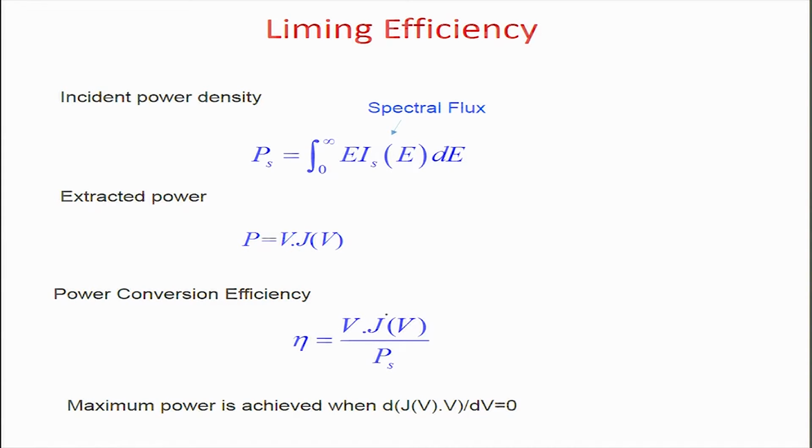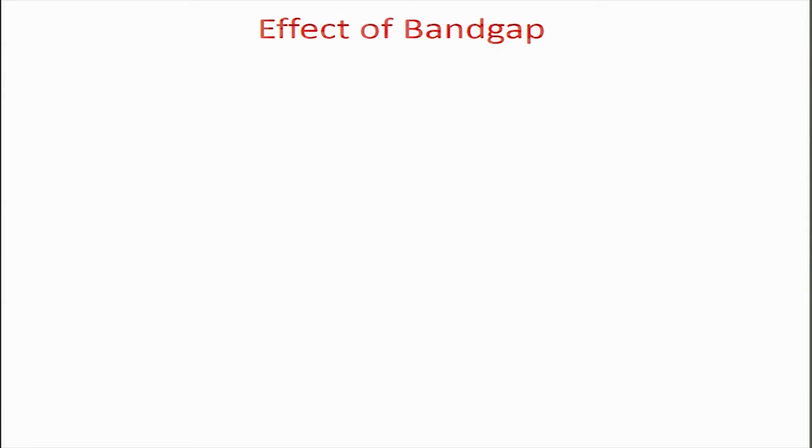So, you need to take J and I into account carefully. J is current density, I is current, and these two are loosely used in the literature, but as a person who analyzes the efficiencies, he or she must consider the areas carefully and get the units right. So, now we look at the effect of band gap.